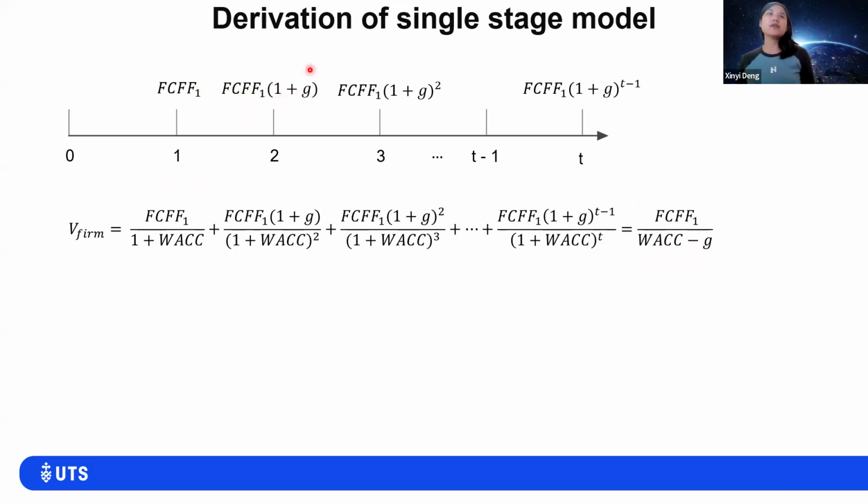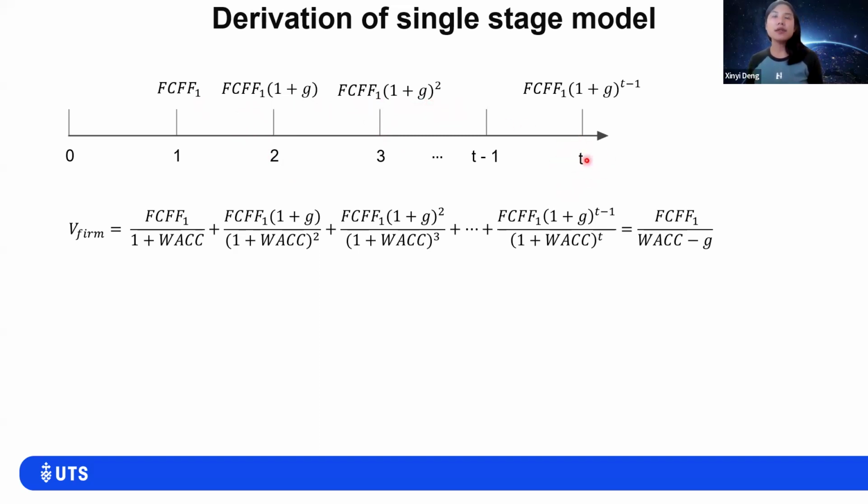For the single stage model, let's draw the timeline first. If we look at the timeline here, in year 1, we denote the free cash flow to firm as FCFF1. Then in year 2, FCFF2 is just equal to FCFF1 times (1 plus G). And in year 3, FCFF3 is equal to FCFF1 times (1 plus G) raised to the power of 2.